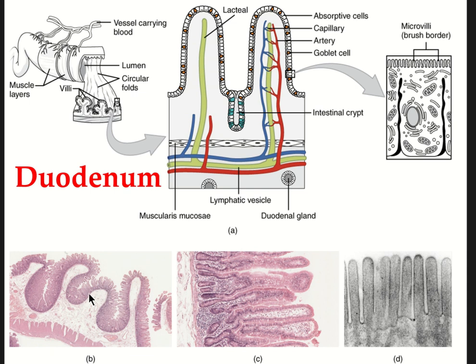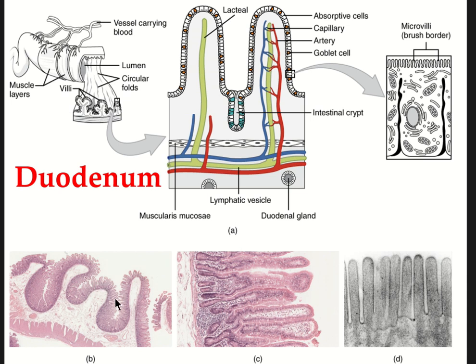And this is the largest type of fold. It's quite visible. It's like a big fold of your mucosa as well as your submucosa. And if you look very, very closely, there are all these villi on the surface right here. So each villus is one of these hairy looking things.